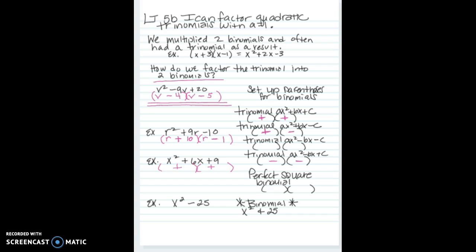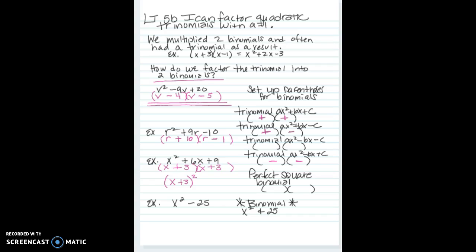Well, 3 times 3 is 9, and 3 plus 3 is 6. So I'm going to put my x's for my x squared, and I'm going to put 3's for each of my factors. Notice that these two factors are exactly the same. Because they're exactly the same, I rewrite this in simpler form as x plus 3, the quantity squared.